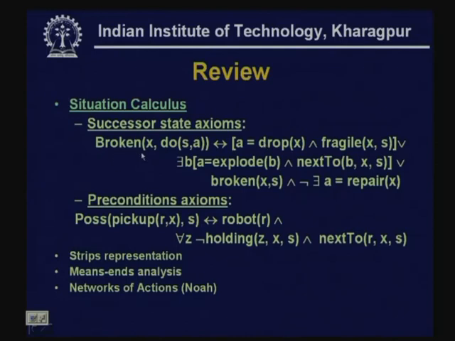So, we say broken x in the state resulting from doing action A from state S if the action is drop and x is fragile, or there exists B such that B has exploded and x is next to B, and x is broken and we cannot repair x. So, we try to specify all actions which result in broken x, and we say that under no other condition will x be broken. So, this is a way of incorporating the frame condition.